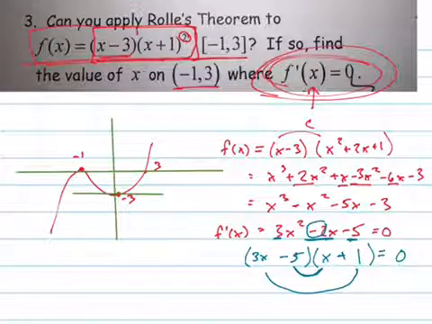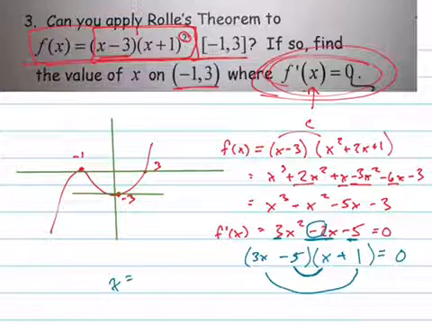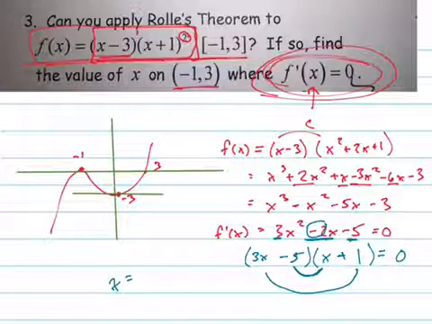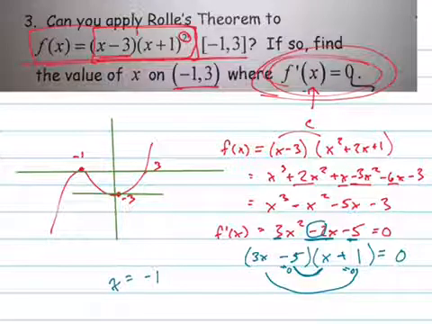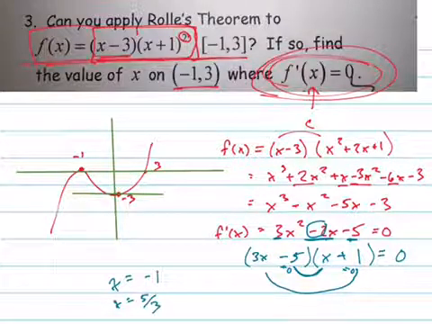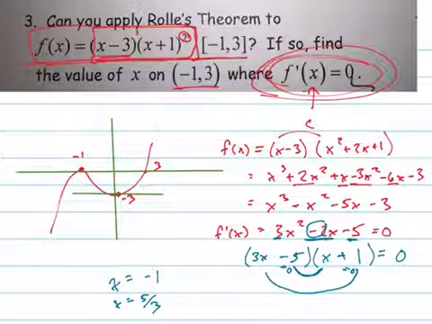Factoring. Learn to do it. It's very important. So therefore, setting each one of these equal to 0, x equals -1, and x equals 5/3. So which one of those is on that interval? 5/3.